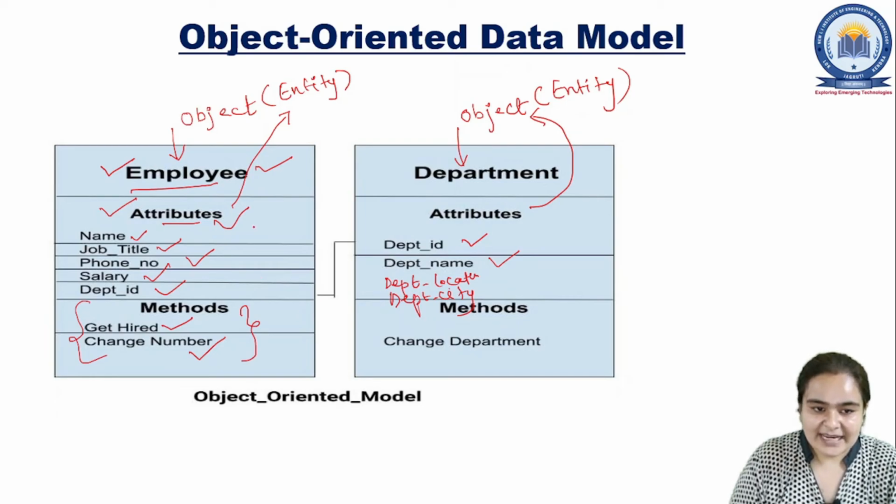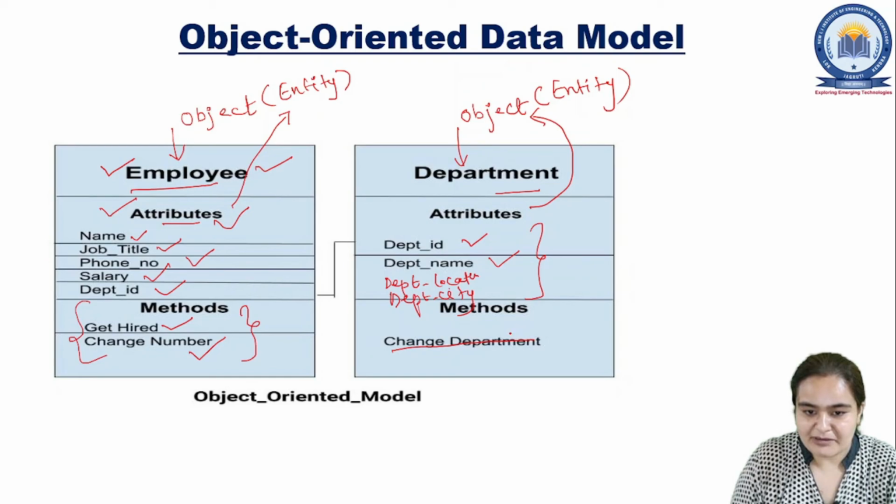Now we can relate this employee to a department because every employee will be related to some department. We also have a set of attributes for this department, and we can also have methods. Suppose I want to change the department, then I can use this method and change the department.